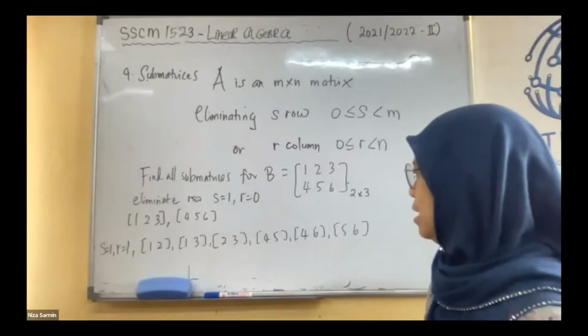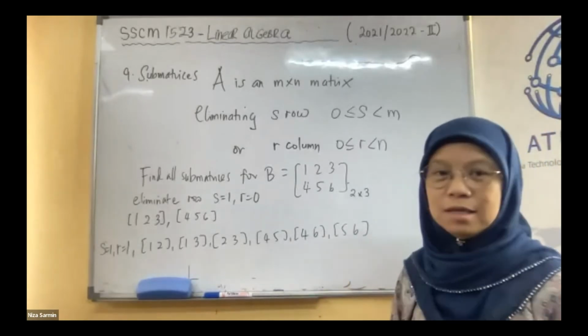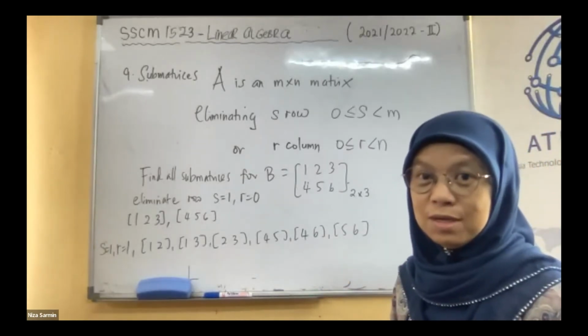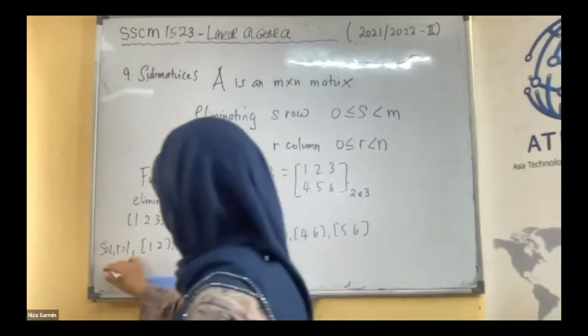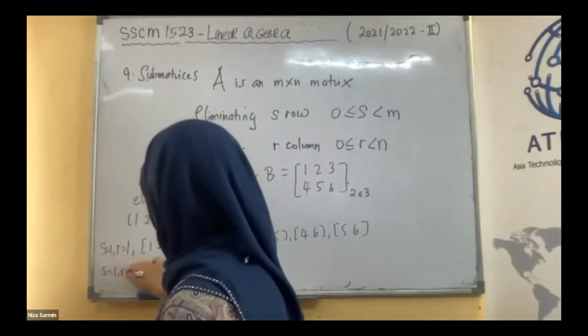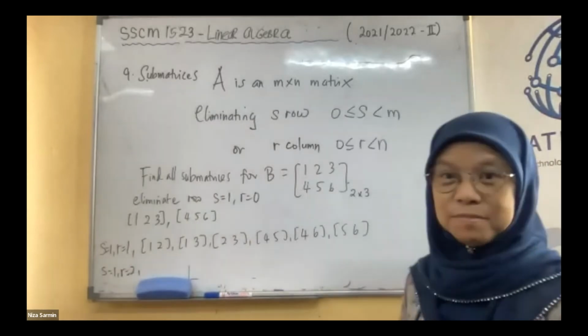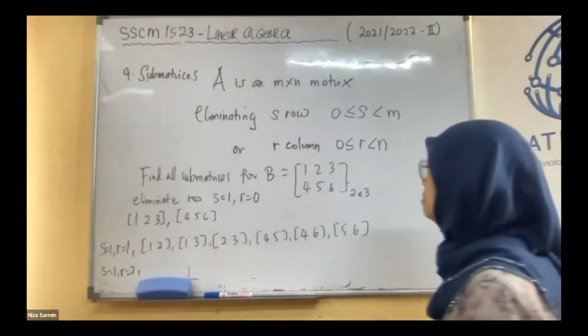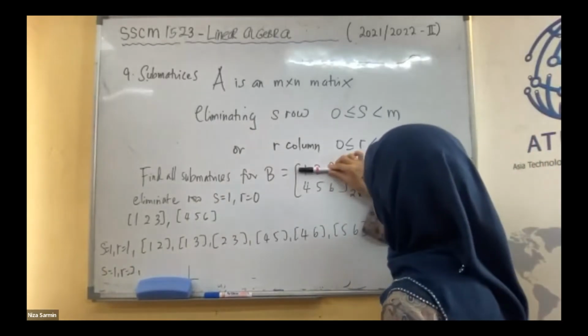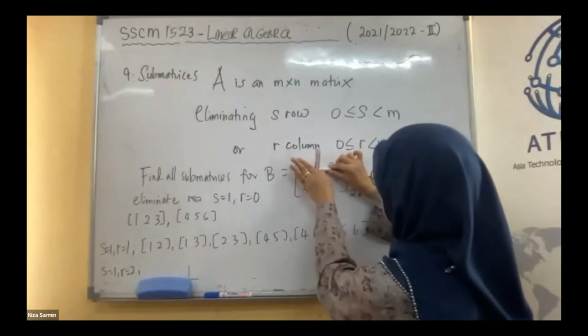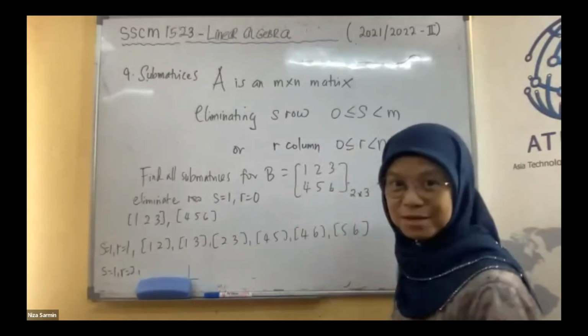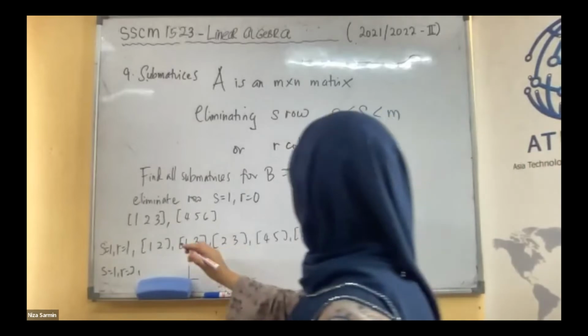Okay. Then I can also eliminate 2 columns, right? I can eliminate 2 columns, like this, that. You can get only 1 left, right? So that's why I have that in the notes.